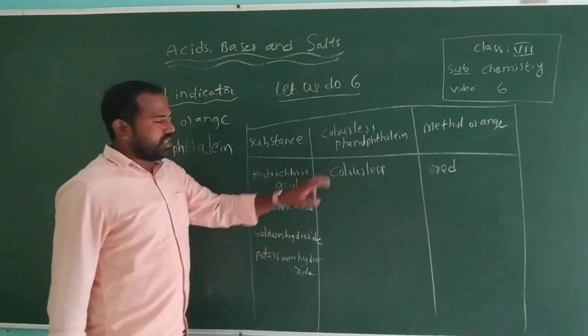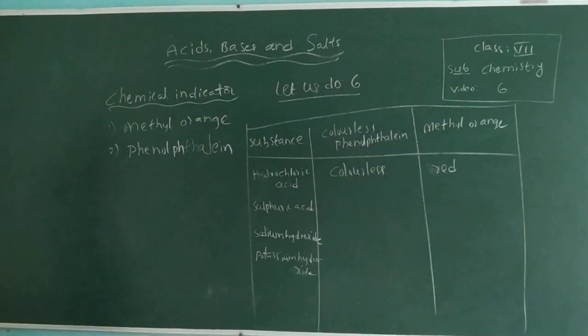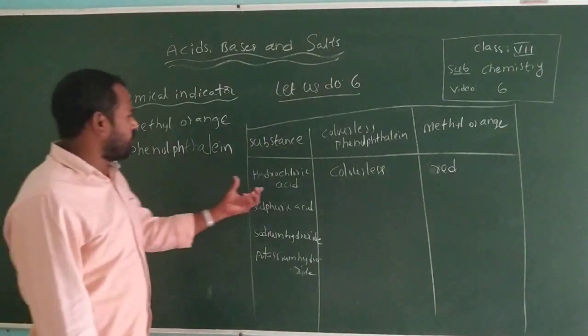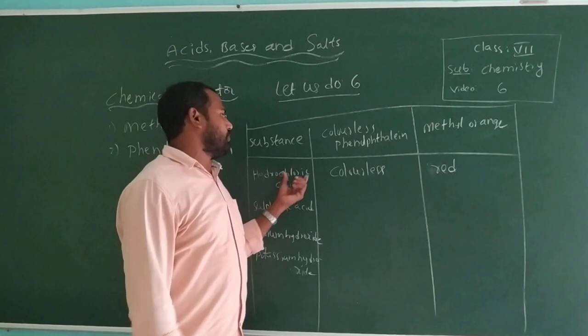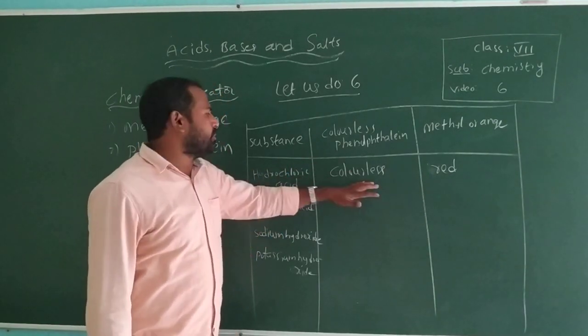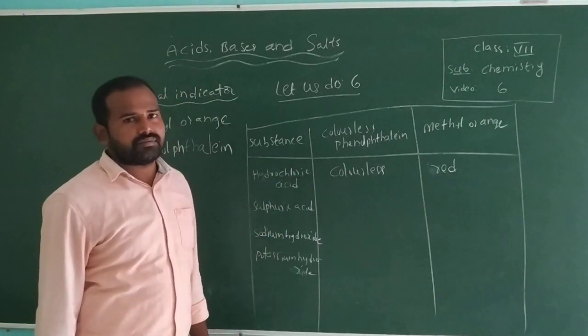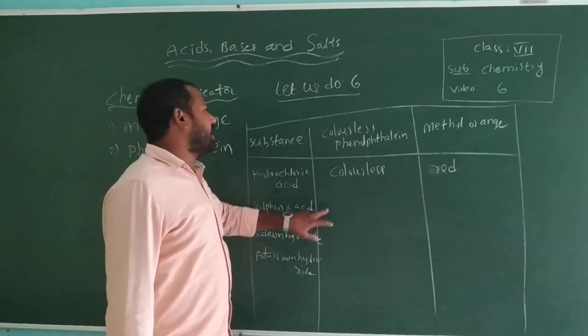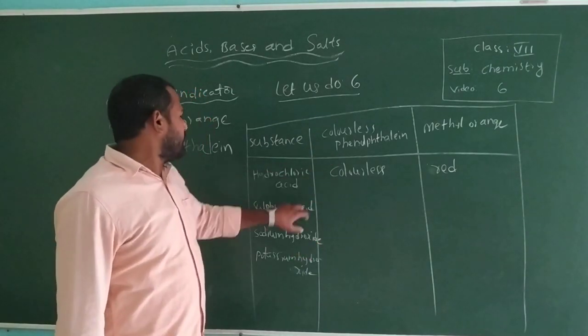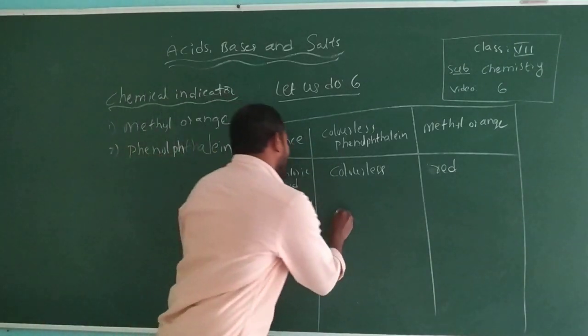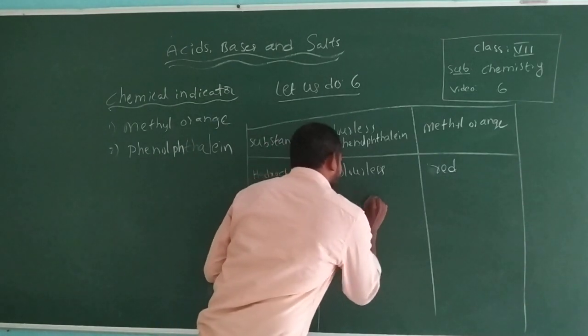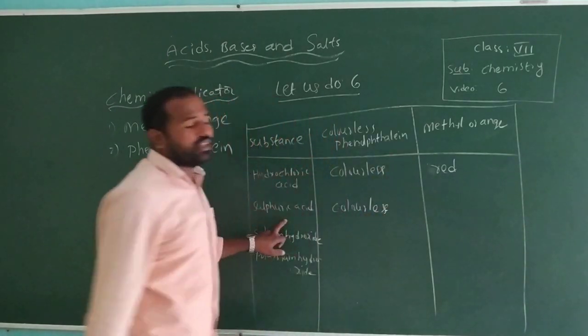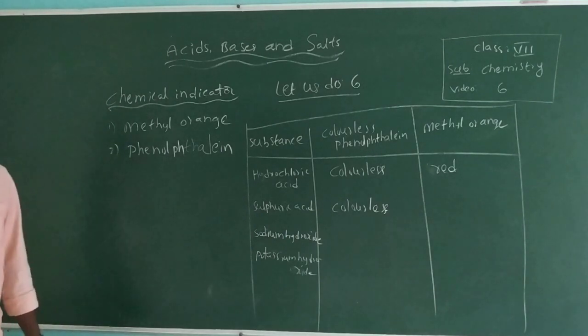If you take some hydrochloric acid and add phenolphthalein, it remains colorless. At the same time, if you add phenolphthalein to sulfuric acid, it is also colorless.